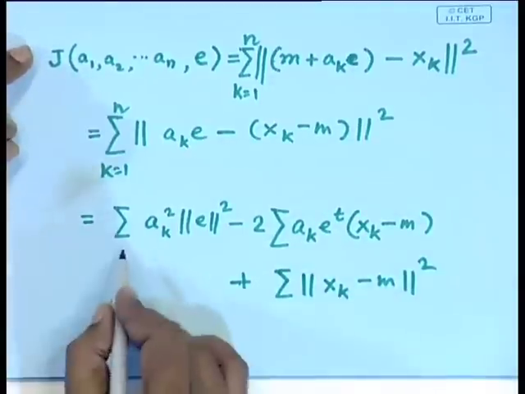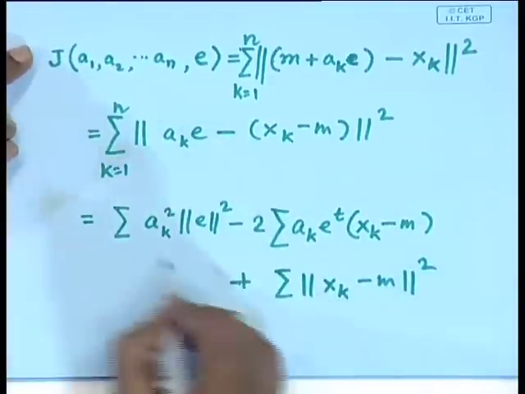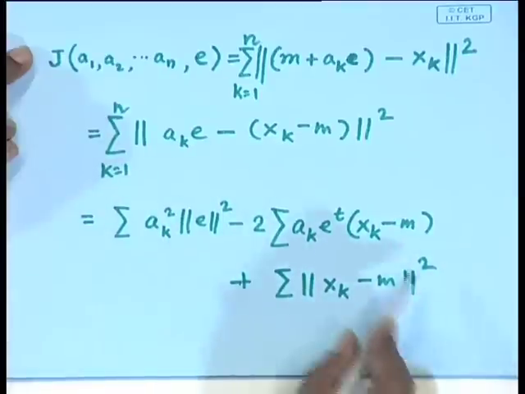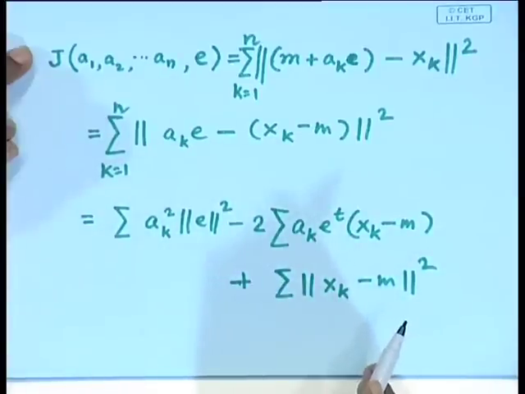I am not writing the limits of summation, the limit is k varying from 1 to n. So this is my sum of squared error.